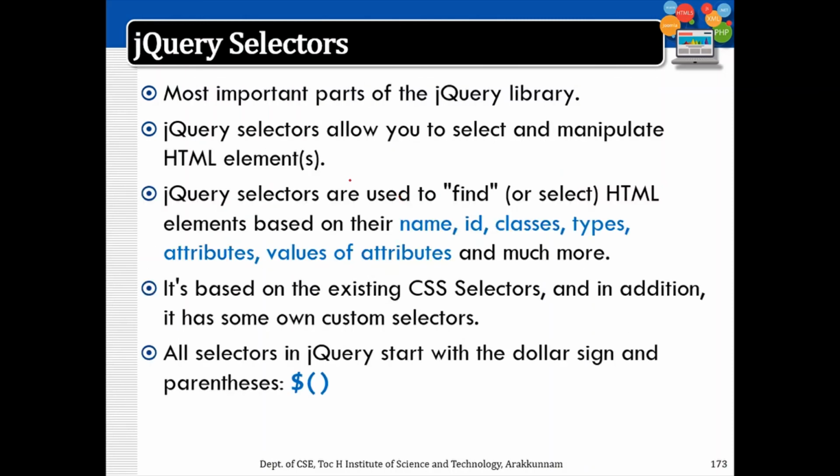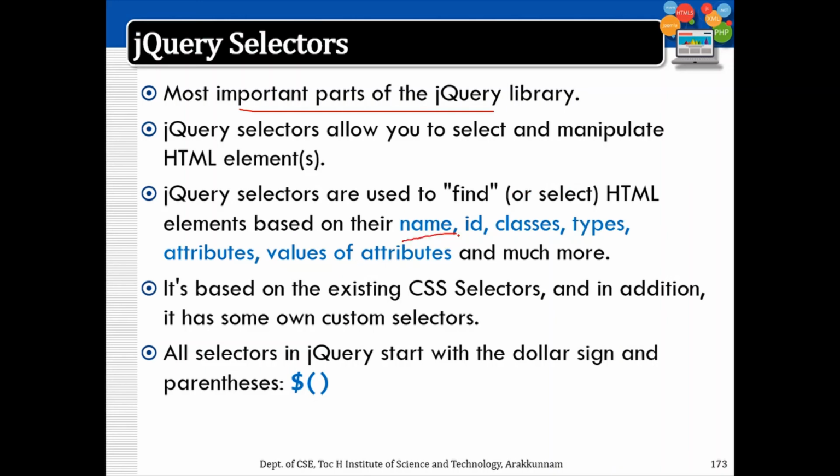Then the jQuery selectors are similar to our CSS selectors, like the selector forms which we have studied in CSS. This is the most important part of the jQuery library. These selectors allow you to select and manipulate HTML elements.